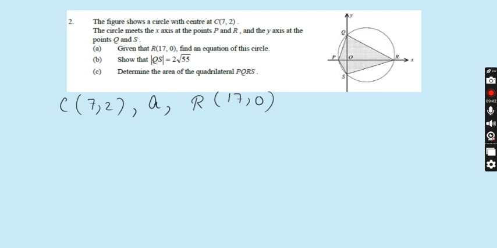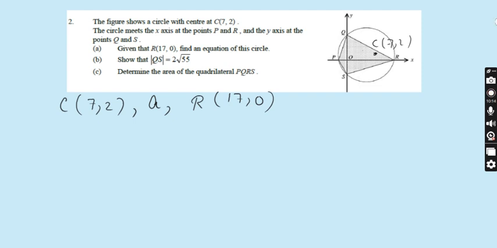So you know we have the center of the circle. What is the center? (7, 2). I am just showing the visualization of this center C (7, 2). So first we have to find the radius.